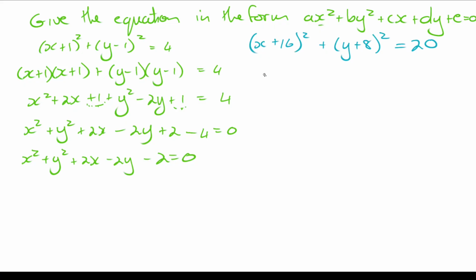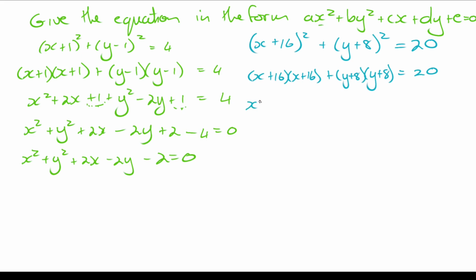We go, double it up. X plus 16, x plus 16, y plus 8, y plus 8, equals 20. You do whatever you need to do to simplify this. So pause, do that, and then let's see if you get what I get.